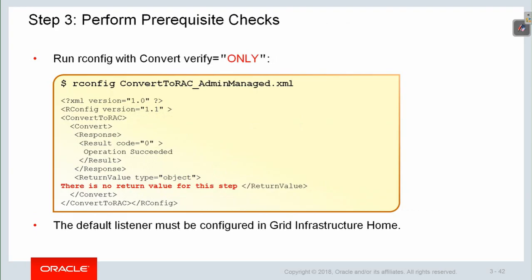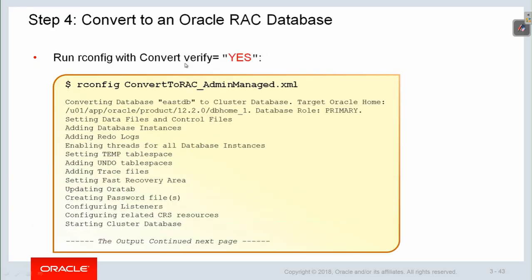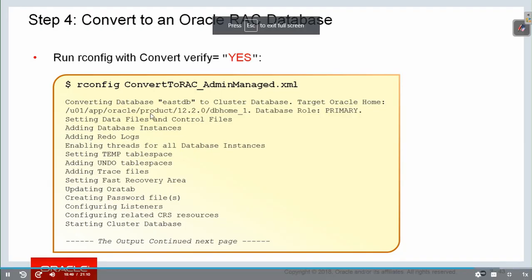So you verified, and then you will have to change ConvertVerifyOnly equals to no, so now I'm going to implement. When you run the rconfig utility, it implements the conversion behind the scenes. It will automatically set the temp tablespace, automatically add an undo tablespace, and automatically enable an additional thread, and everything will be done automatically based on the input information you added.